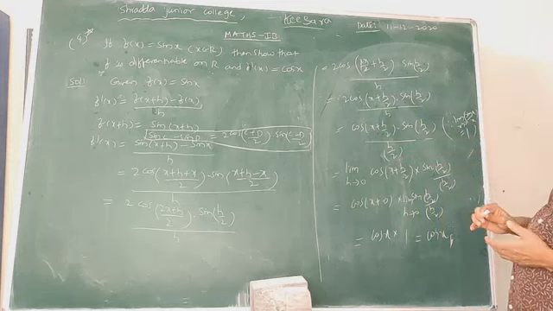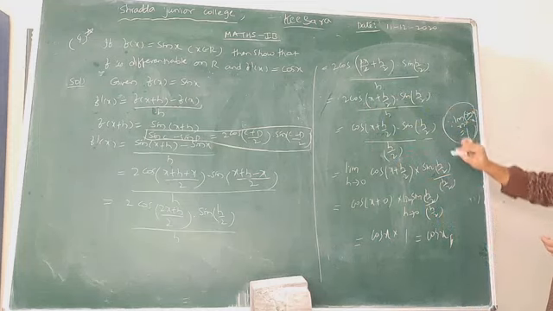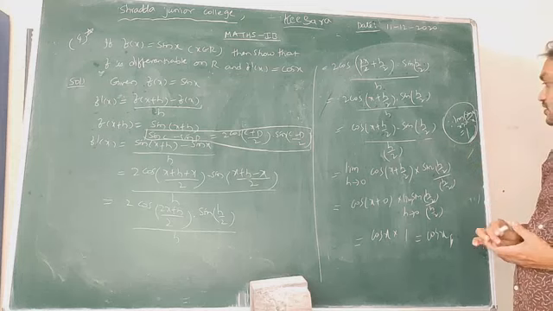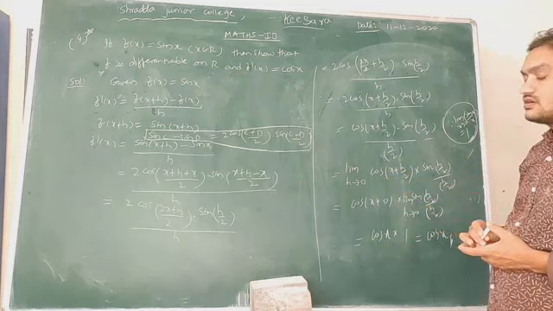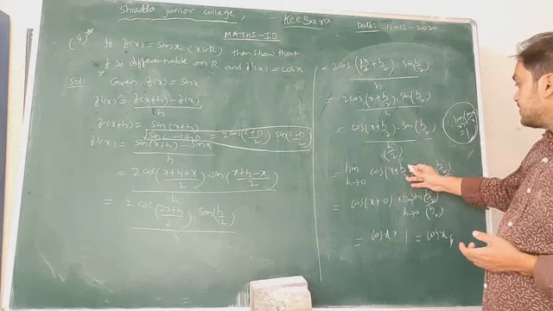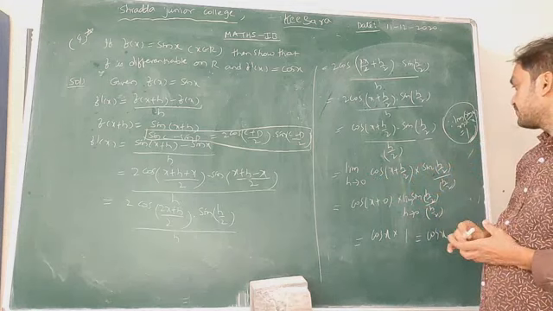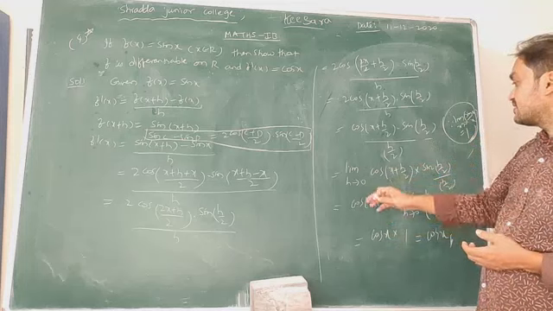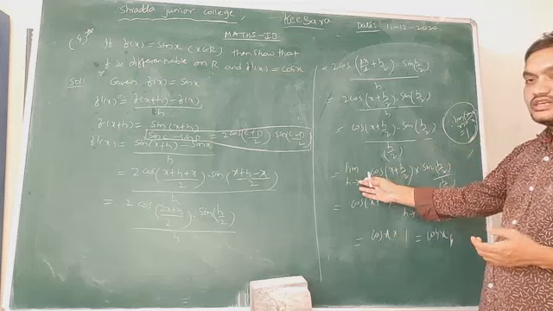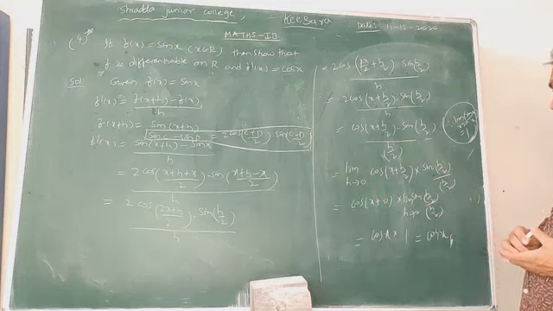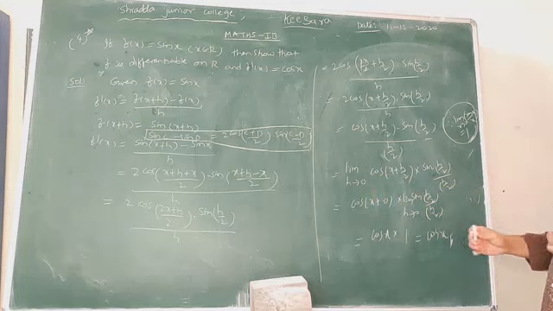So now limit x tends to 0 of sin x by x equals 1. Limit h tends to 0 of cos of x plus h by 2 into sin h by 2 by h by 2. Cos of x plus h by 2, the h value is 0, and 0 by 2 is 0, into limit h tends to 0 of sin h by 2 by h by 2.